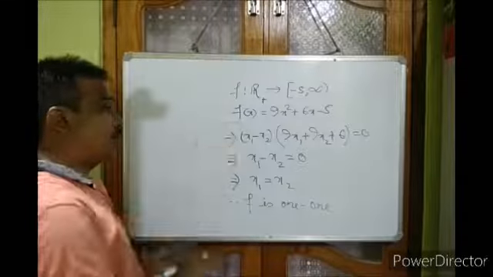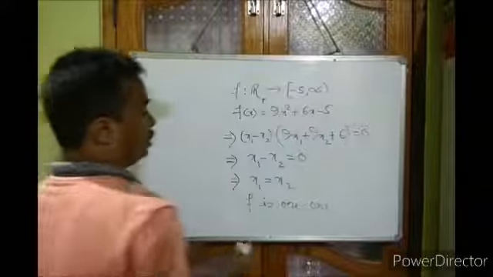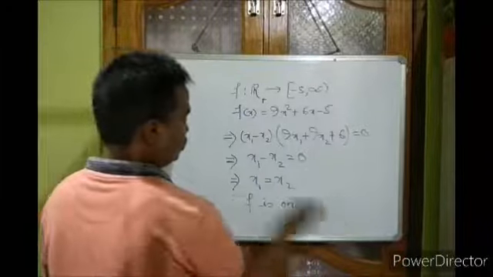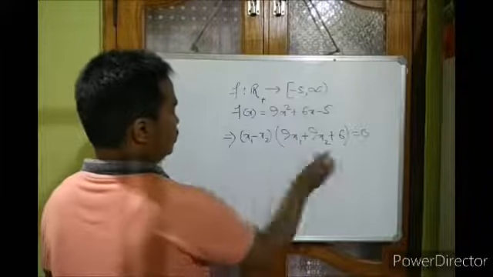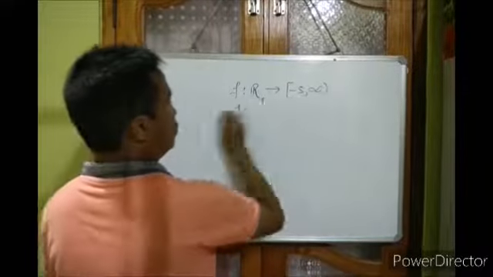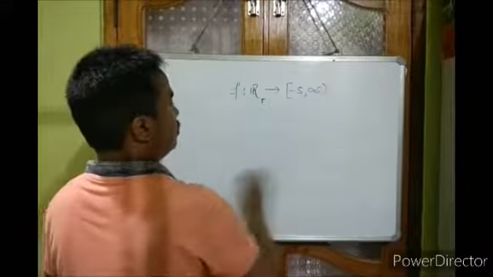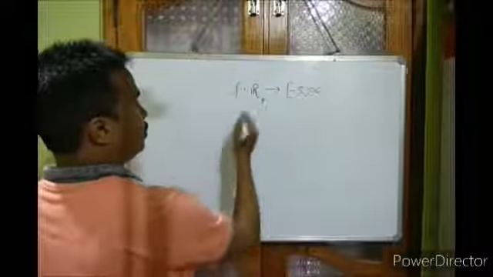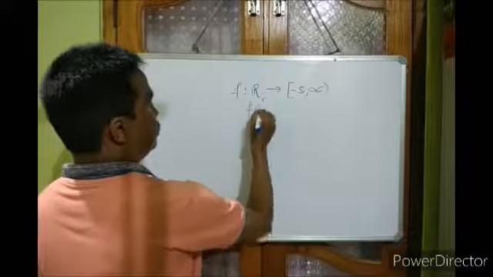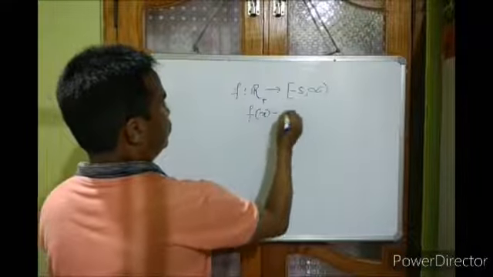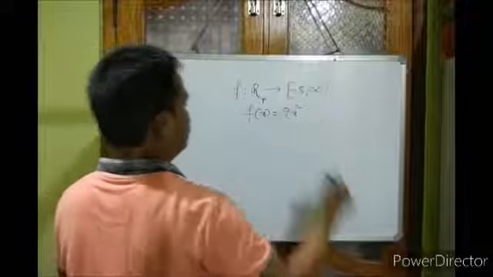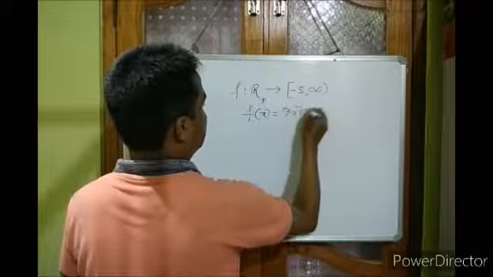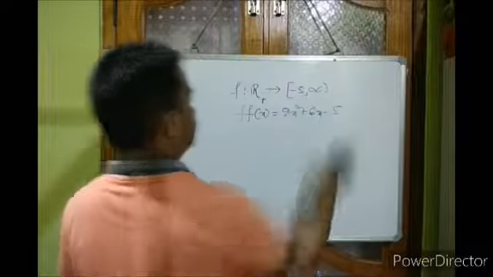Now let us check its ontoness, whether the function is onto or not. Here the function is fx is equal to 9x square plus 6x minus 5.